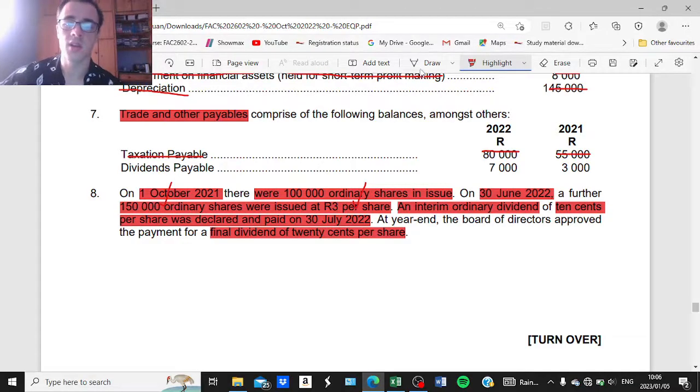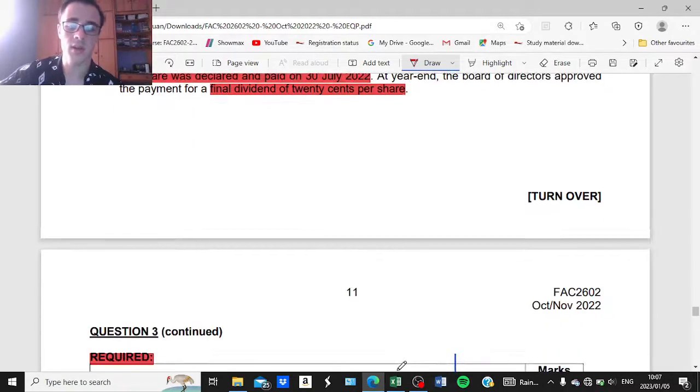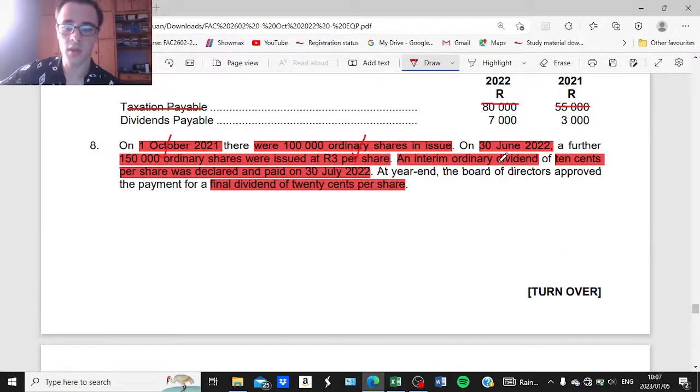Firstly, the interim dividend relates to 250,000 ordinary shares, because this dividend was declared after the additional 150,000 ordinary shares were issued. So the interim dividend is calculated by taking 10 cents per share, which is just 0.1, and multiplying it by 250,000.